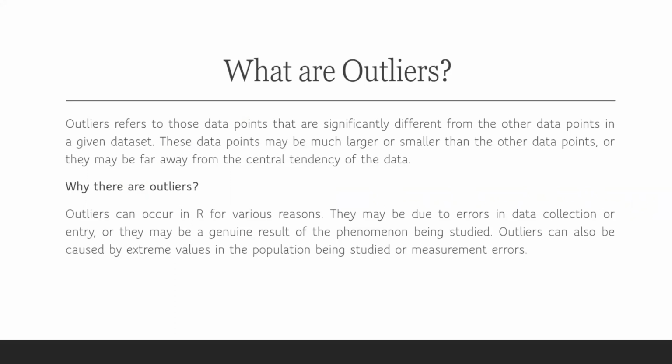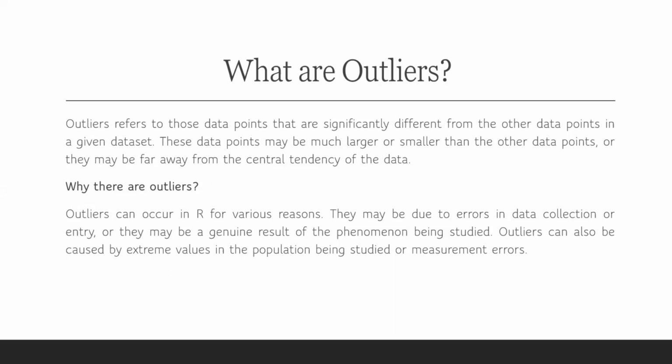Now, here's the question: why are there outliers? Outliers can occur inside the dataset for various reasons. They may be due to errors in data collection, or they can also be a genuine or natural cause of the phenomenon being studied.